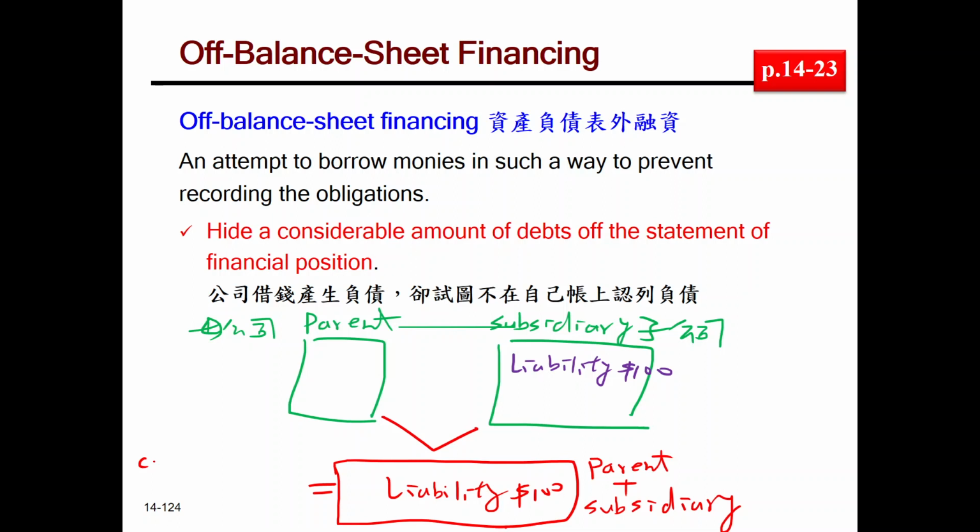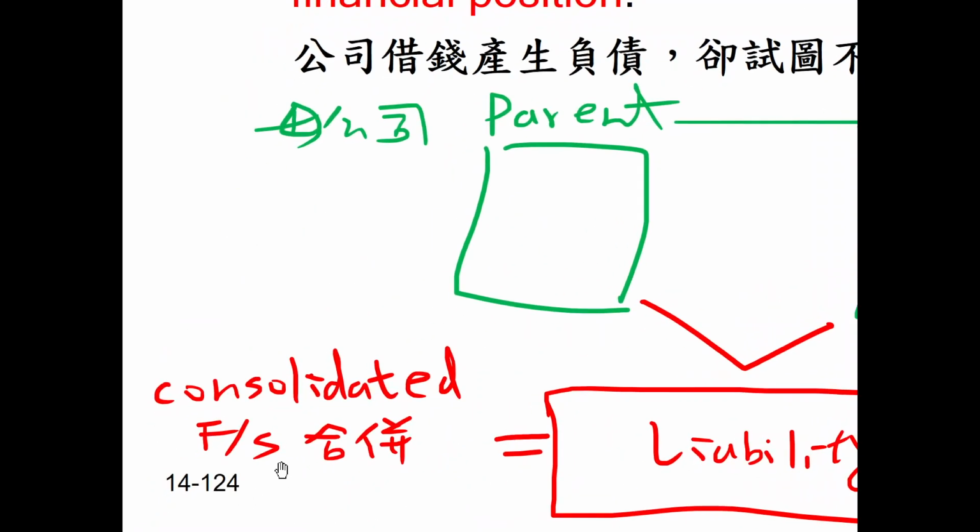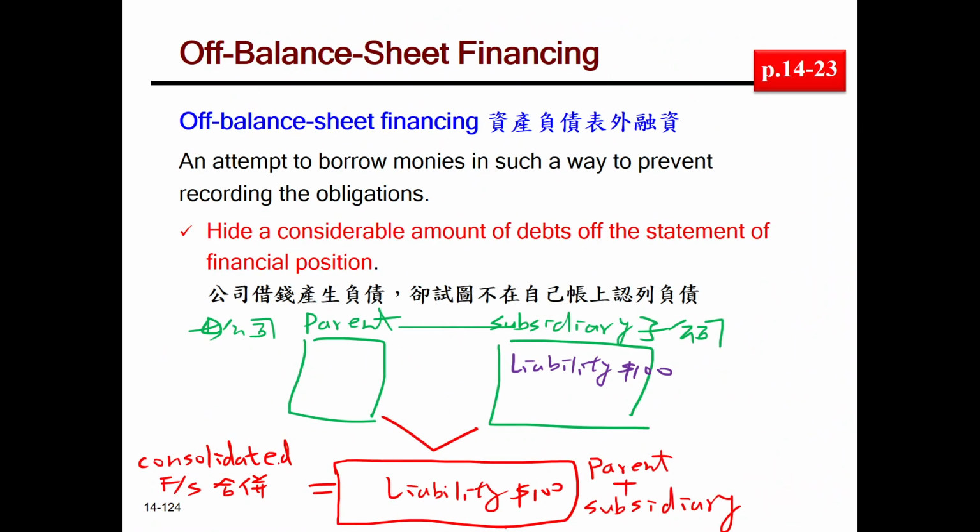This is consolidated financial statements, 合并报表. Well, that's for advanced accounting, 高会.